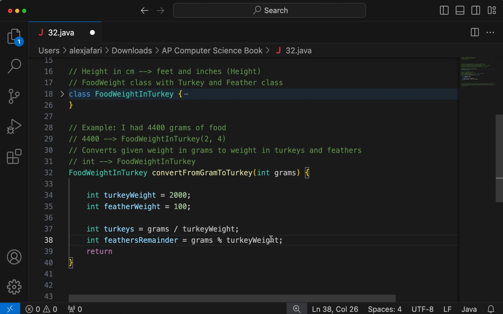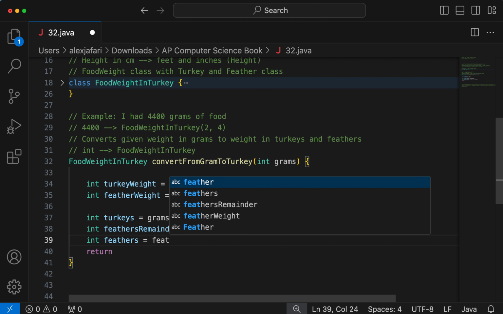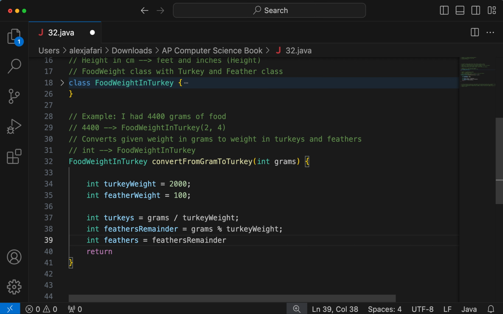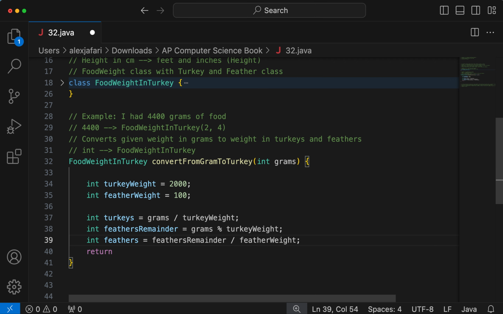So this essentially is going to give us 400. But that's not feathers, right? That's just the remainder. So then we're going to say feathers gets feathers remainder divided by feather weight.